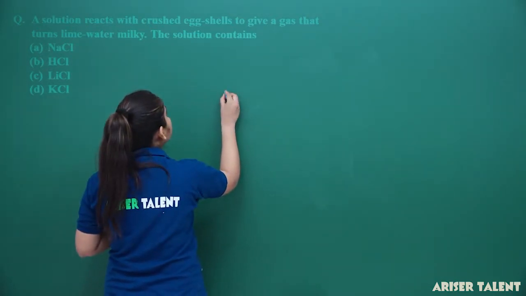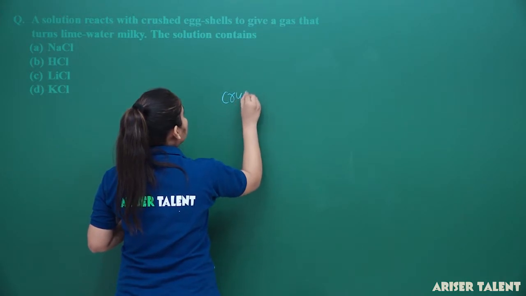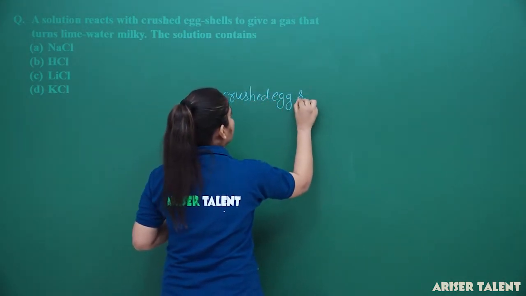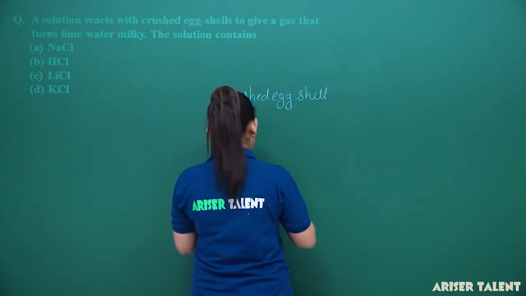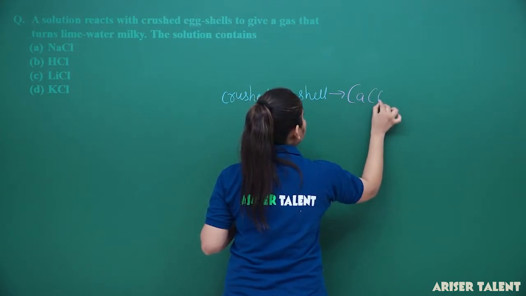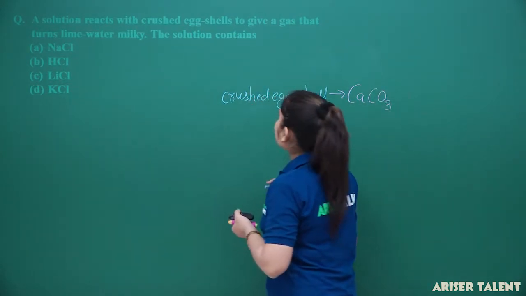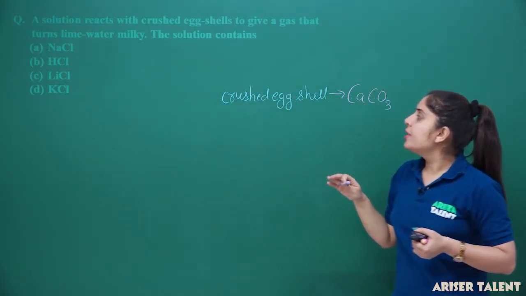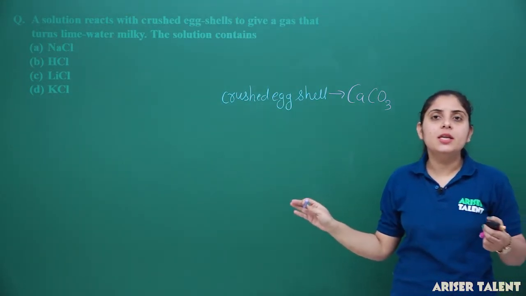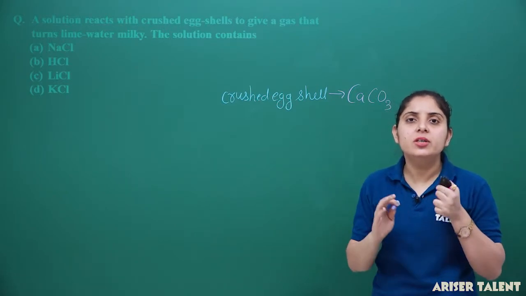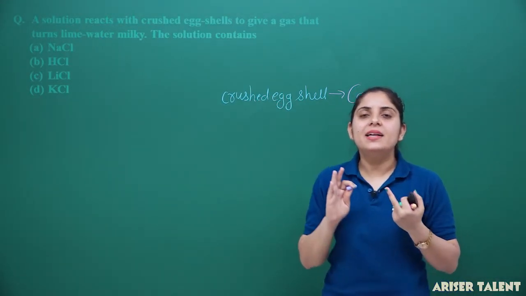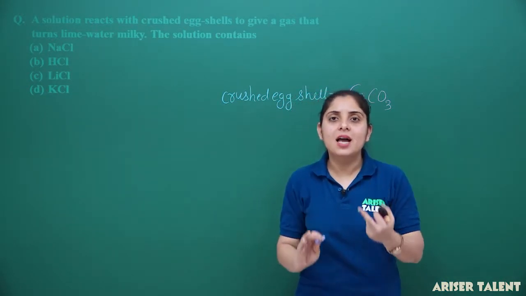This crushed eggshell will react with one of the solutions and produce a gas which turns lime water milky. It is only one gas that turns lime water milky, and it is carbon dioxide.